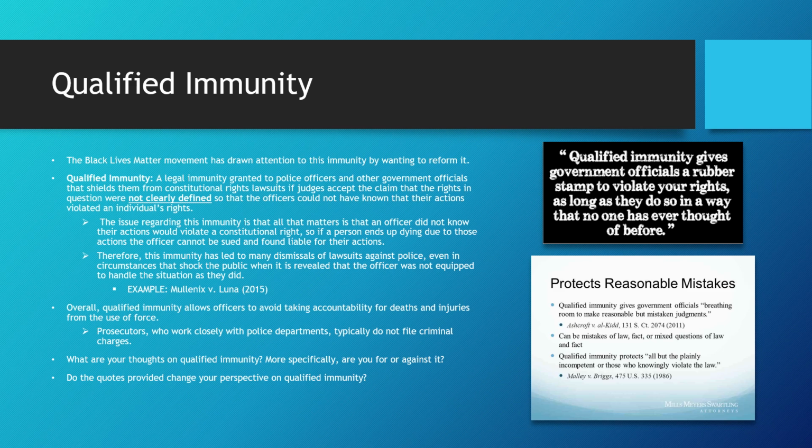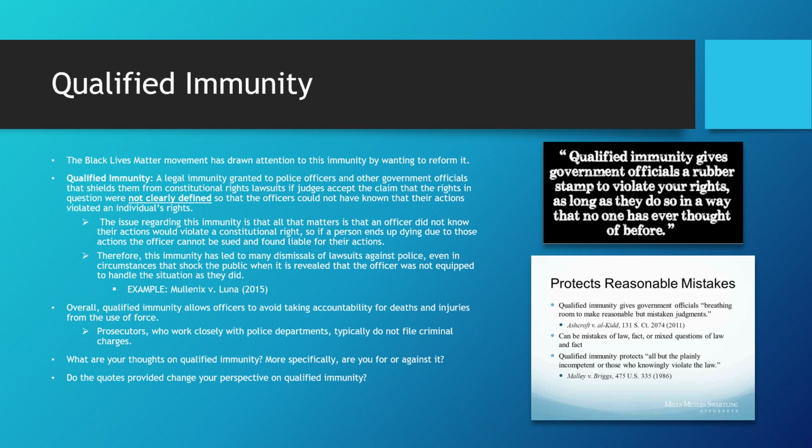It has been revealed that the officer was not equipped to handle the situations they faced, as an example, the Mullenix versus Luna case of 2015. In that case, a majority of Supreme Court justices endorsed qualified immunity to shield a Texas officer after he fired his weapon from a highway overpass despite his supervisors telling him not to do that. Instead, they told him to wait because he had no experience or training disabling a speeding vehicle with bullets.